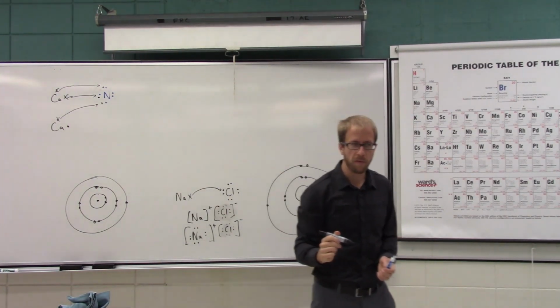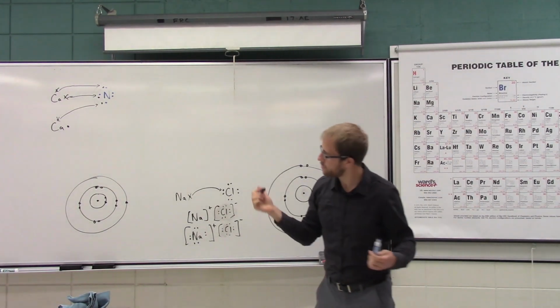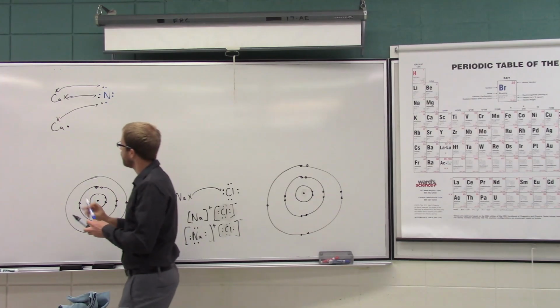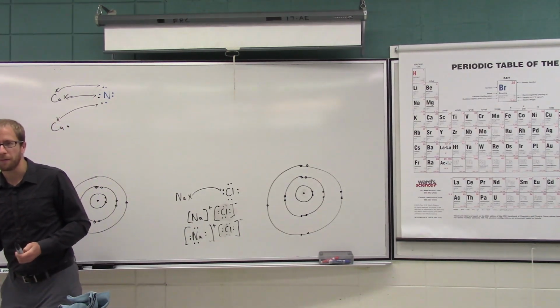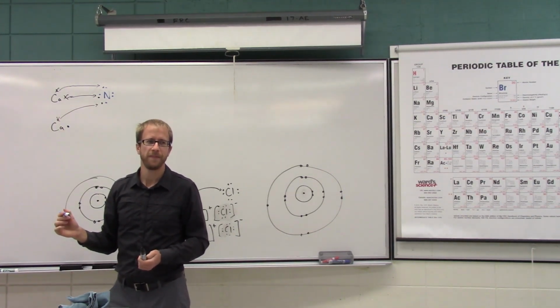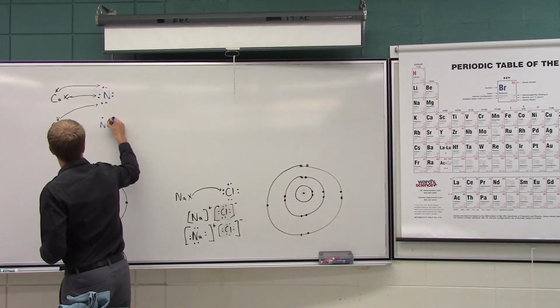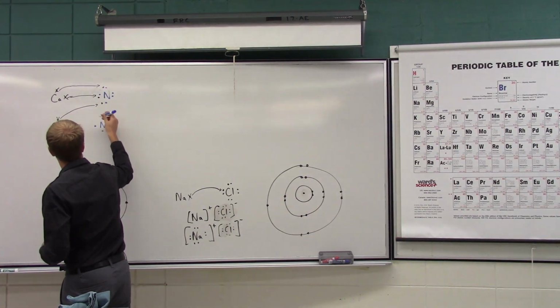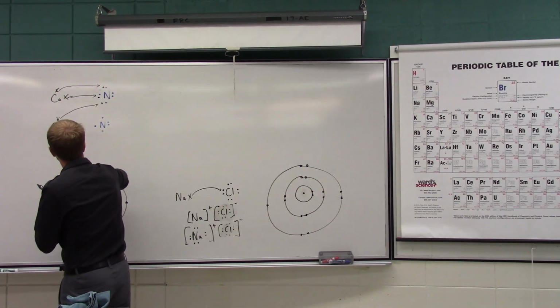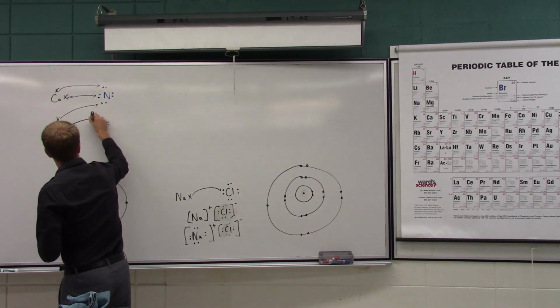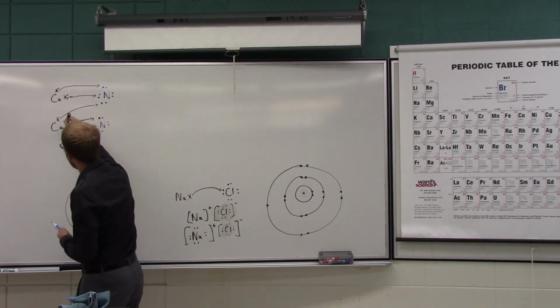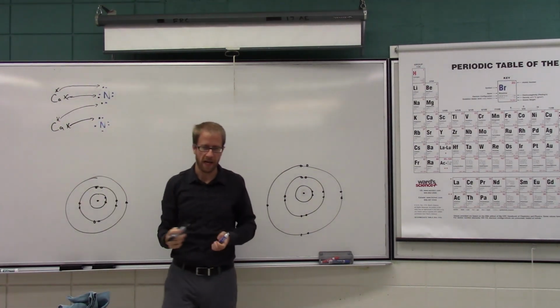Is it stable with a full shell? Yes. But our calcium is not, so what do we need to do now? Add another nitrogen. Right, we're going to add another nitrogen, and now this calcium is quote unquote stable and happy, right?